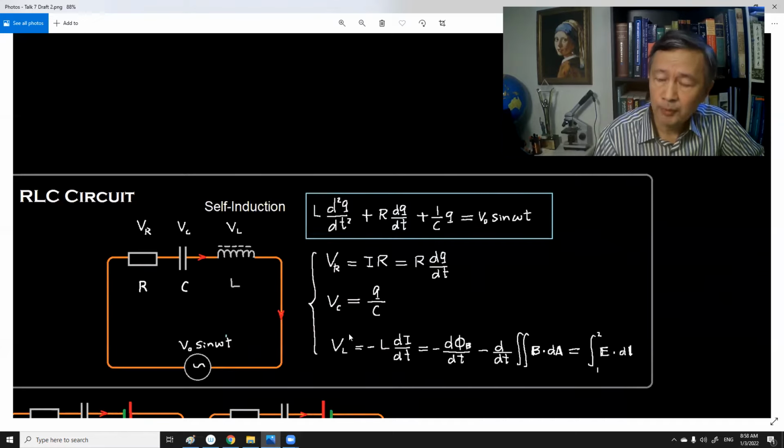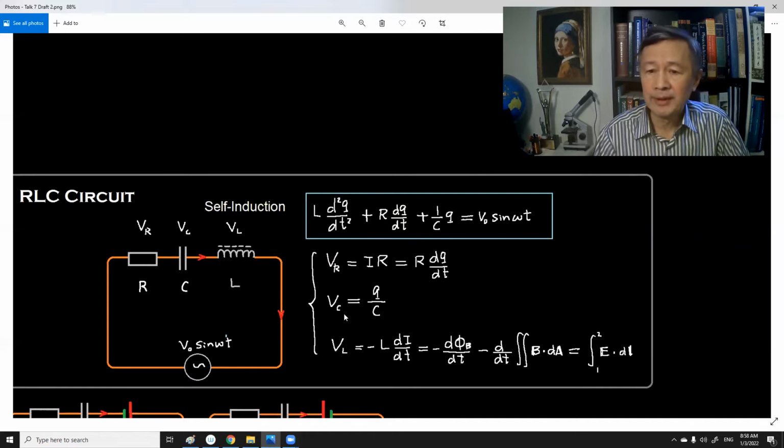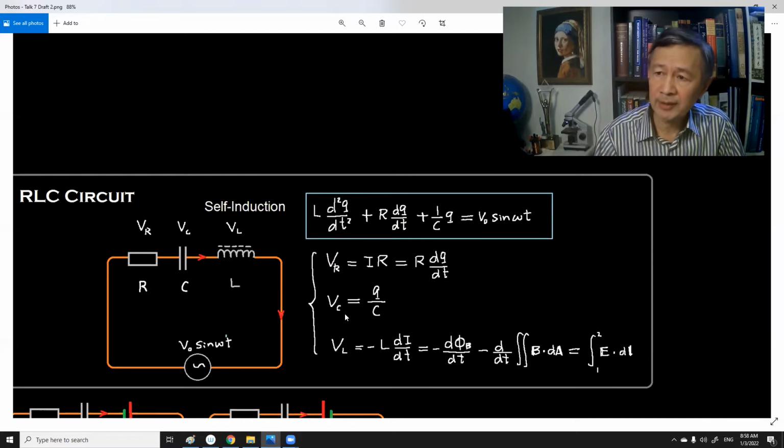The first term will be the voltage self-induced by the inductor. The second term would be a voltage drop according to Ohm's law. And the third one would be the voltage across a capacitor by definition.